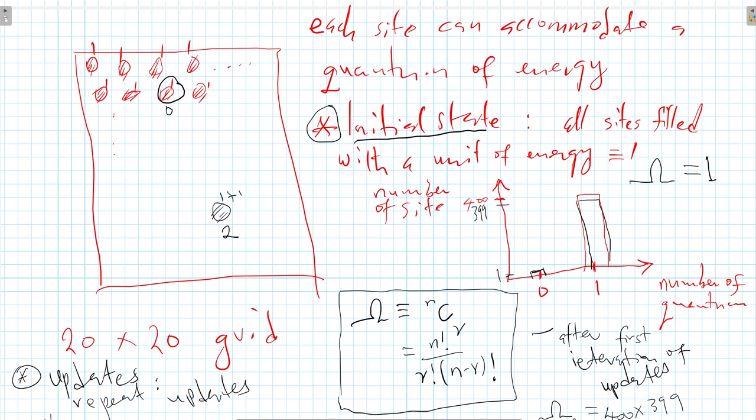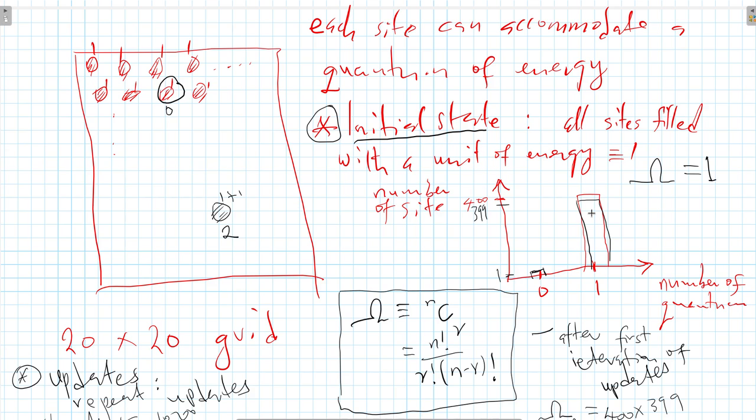So let's say number of iterations, you can choose it to be, let's say, 1000 or 10,000. And at the end of the day, we're going to have a histogram, and the histogram is going to be like Boltzmann distribution.